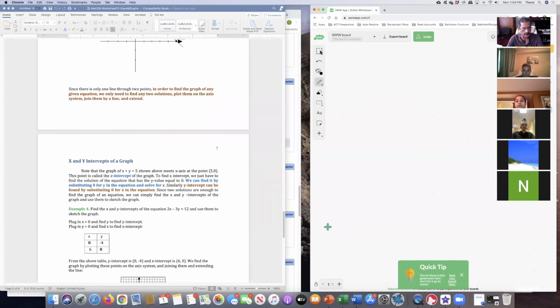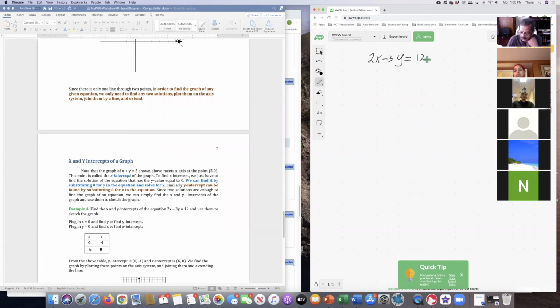My example here is 2x minus 3y equal to 12. And the problem says find x, y intercepts and sketch the graph.